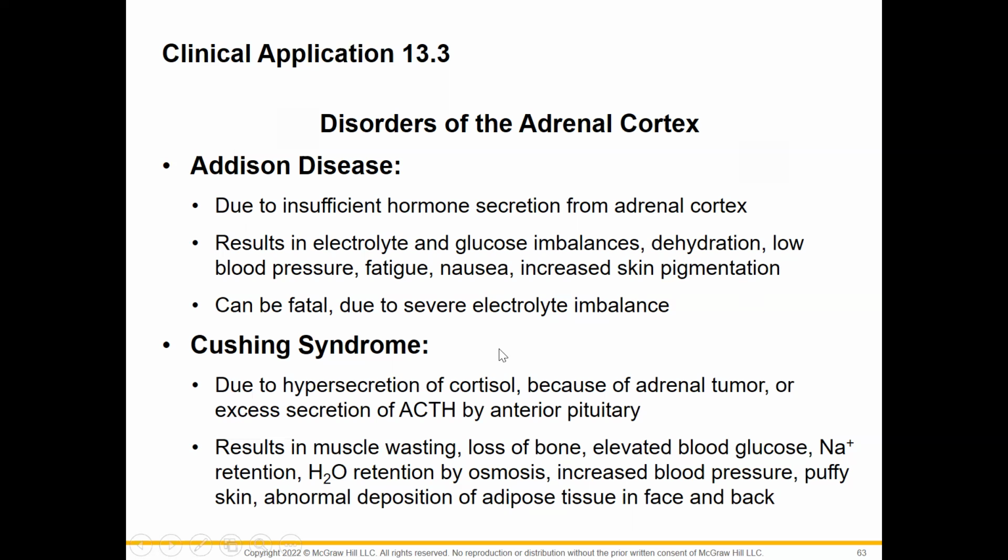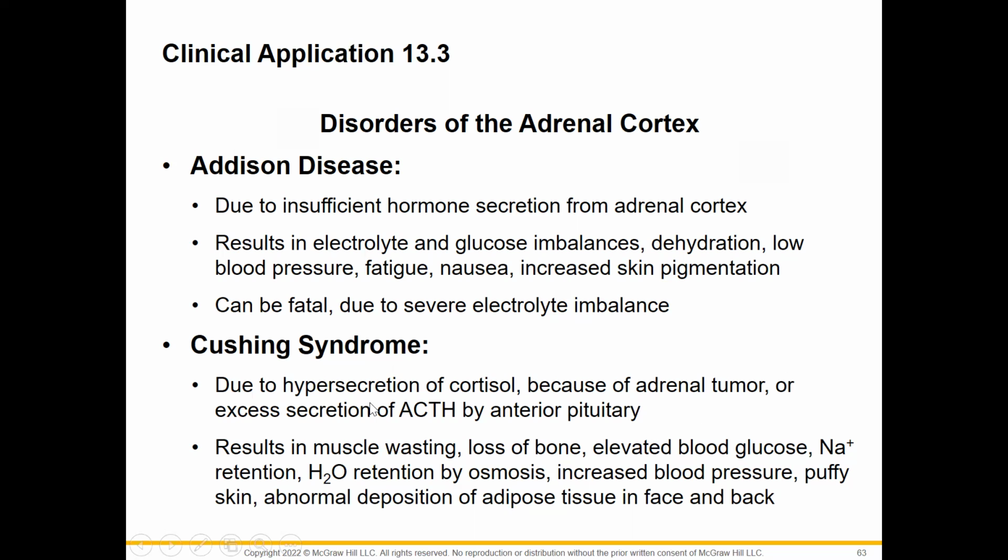Then you have Cushing syndrome due to hypersecretion of cortisol. Usually that occurs because of a tumor in the cells that are producing cortisol. So the tumor will cause that excess production of cortisol. You may have also excess secretion of ACTH by the anterior pituitary.